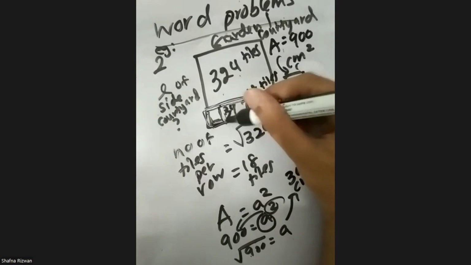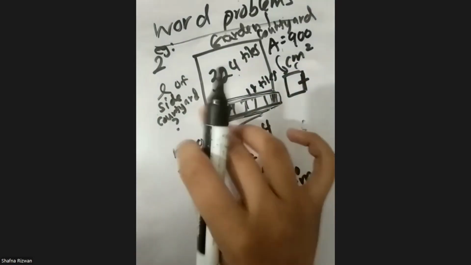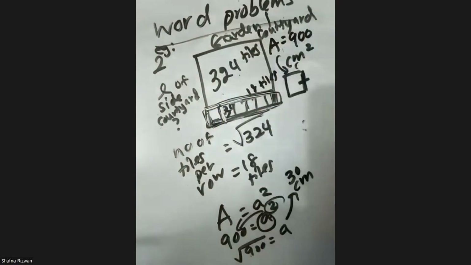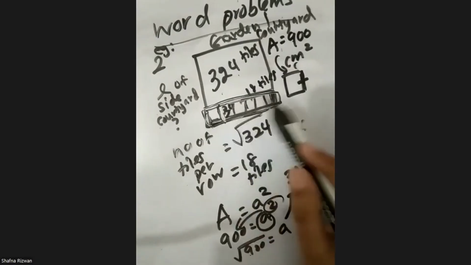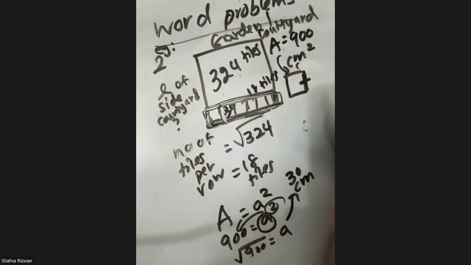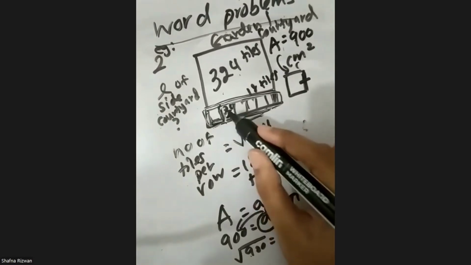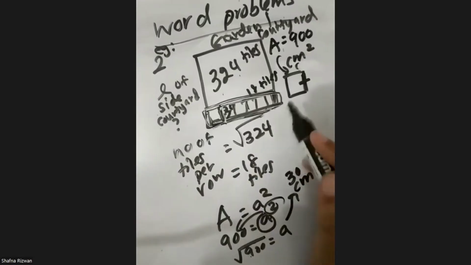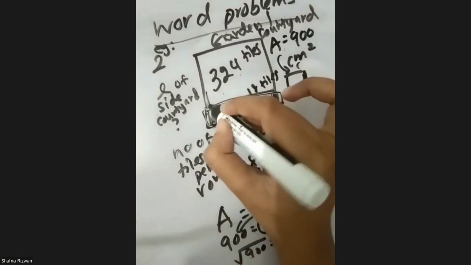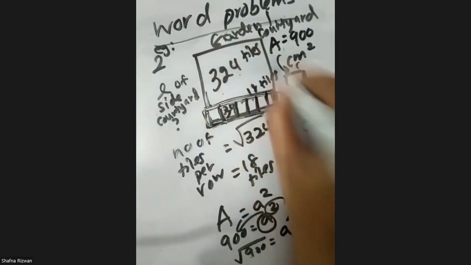If you multiply it, you can get the length of the side of the whole courtyard. What you have to do, you have to take the total tiles in one row, that is 18 tiles, and you know how much is one length of a side, that is 30. If you multiply both, you can get the length of what? Length of the side of your courtyard fully.